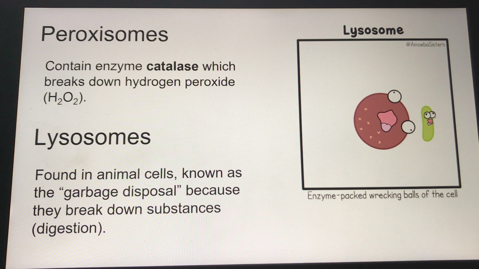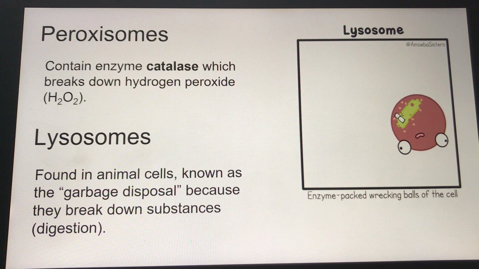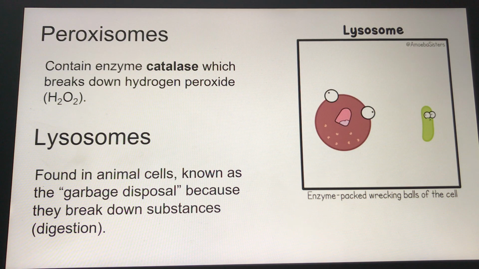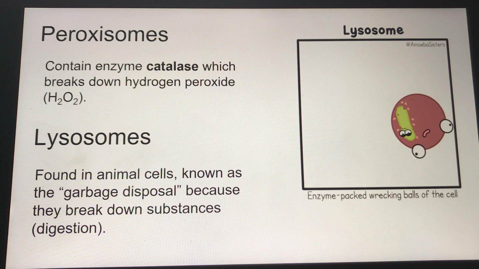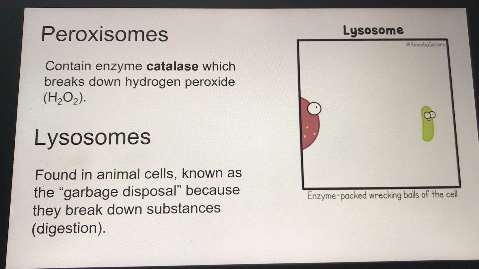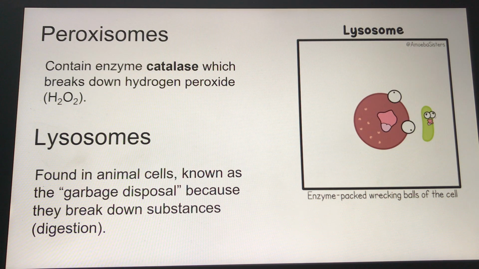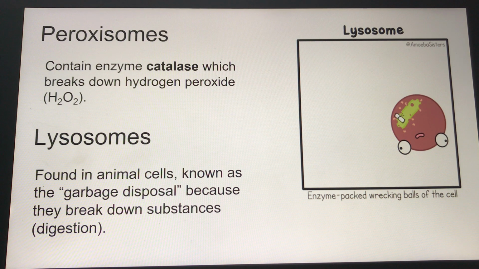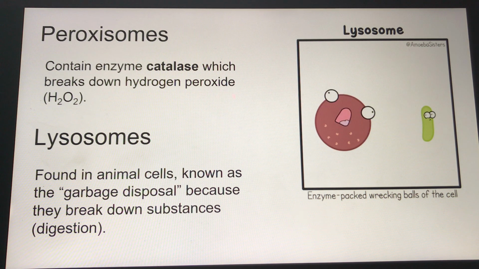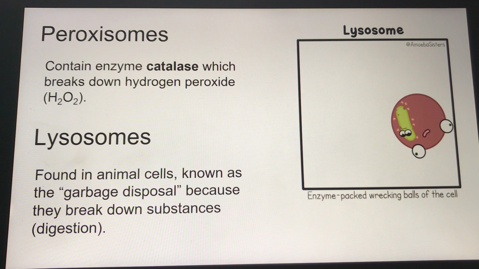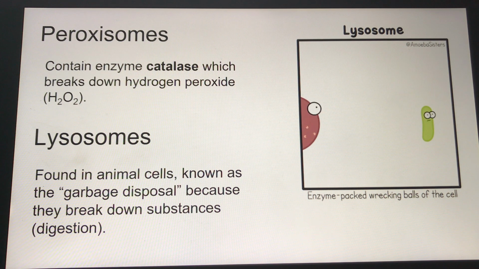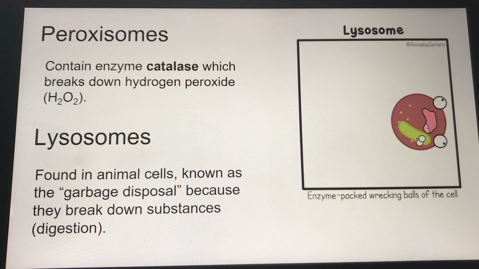Okay, I want to move on to peroxisomes and lysosomes. These are organelles in the cell that contain enzymes that help to keep the cell functioning properly. Peroxisomes specifically have an enzyme called catalase that breaks down hydrogen peroxide. You don't want to have too much hydrogen peroxide in your cell.